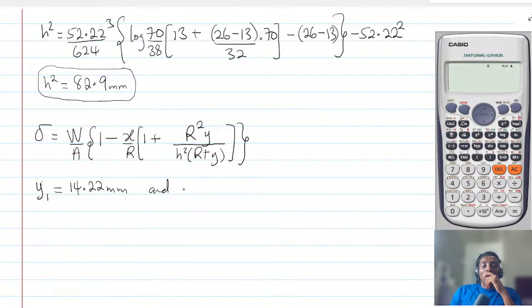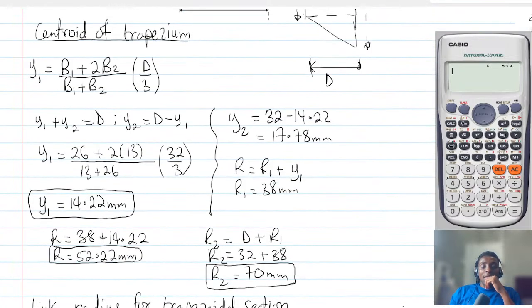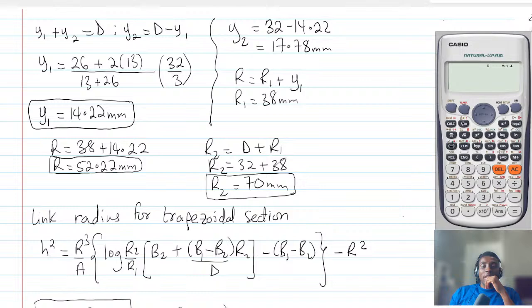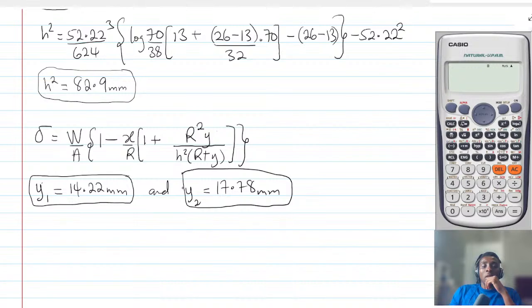And y2, we got 17.78. So this y1 and this y2, we are going to use those two to solve for the stresses.